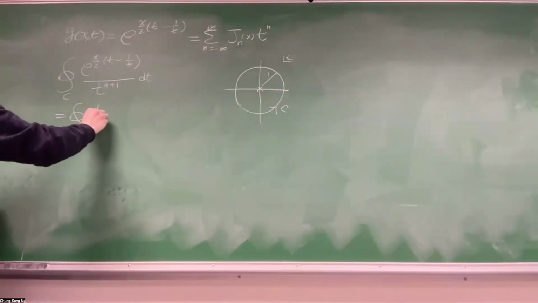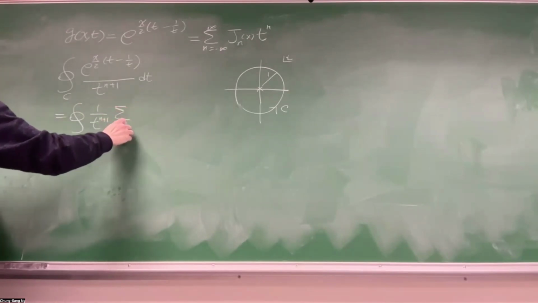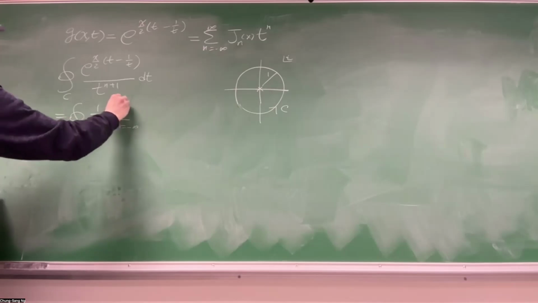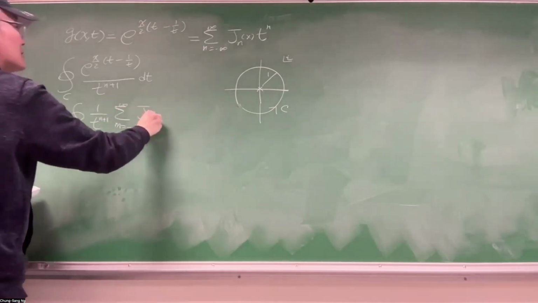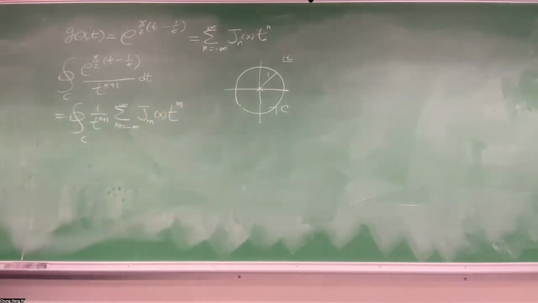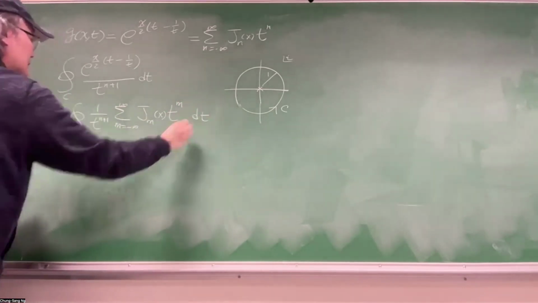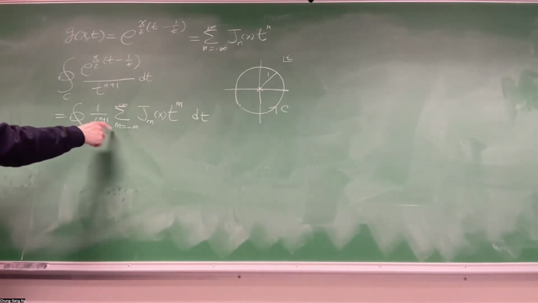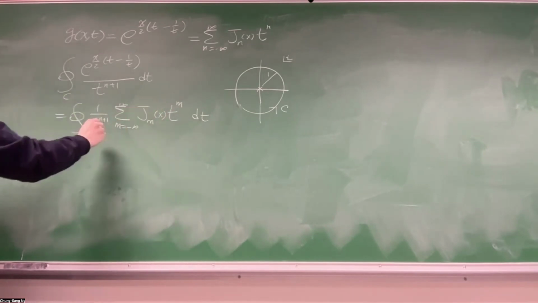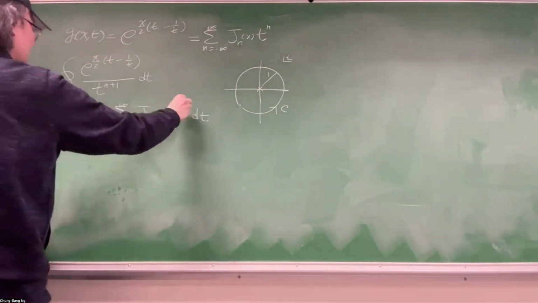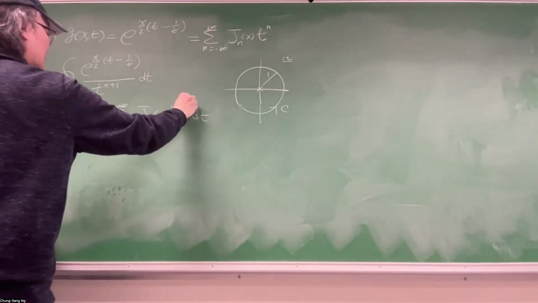There is 1 over T to the n plus 1, sum over m, J sub m, and then dt. You can also combine the powers, so this becomes T to the m minus n minus 1.